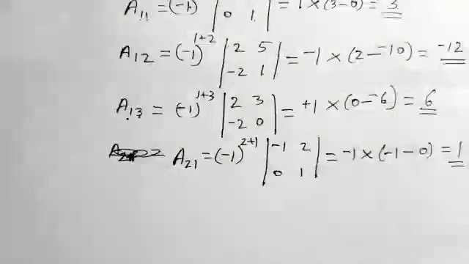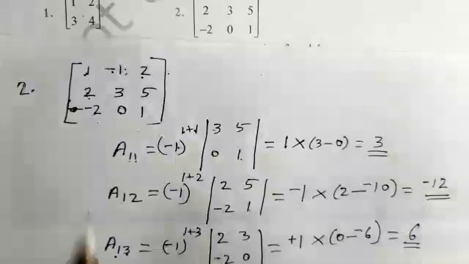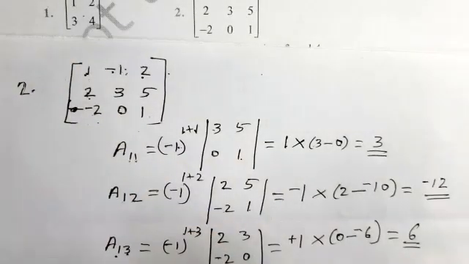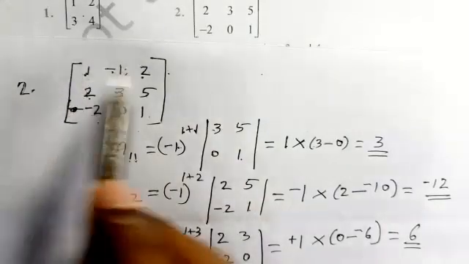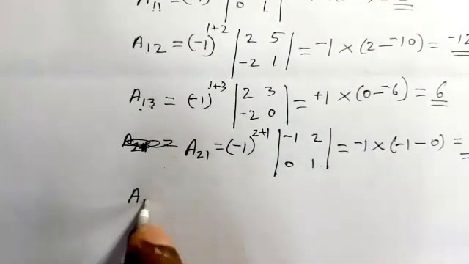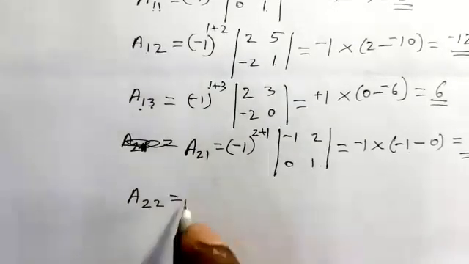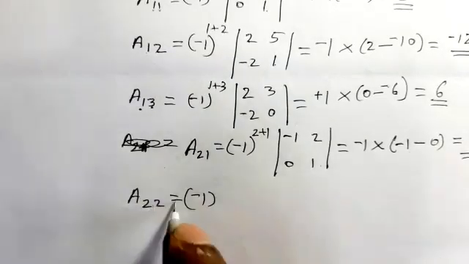Now we can go to the next position. The next position is that 3. So this 3, including row and column, is avoided. We get 1 2, minus 2 1. So next position A22 is equal to (-1) raised to 2+2, which is 4.